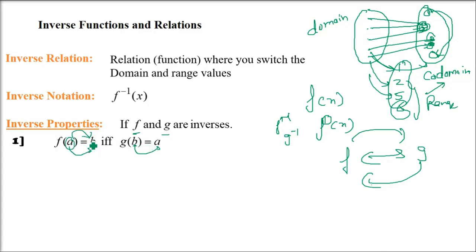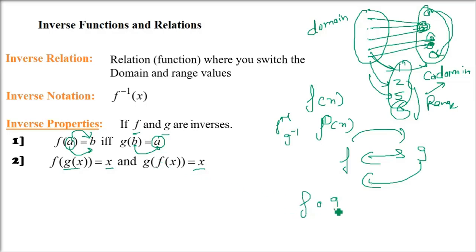The only thing I'm trying to suggest here is that I'm changing the value of domain and range. So f of g(x) has to be x, and g of f(x) is x. That is, the composite function f o g of x is x, and g o f is also x. f and g are inverses of each other. g is actually f inverse.